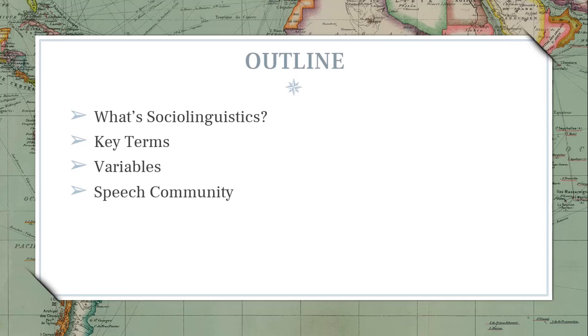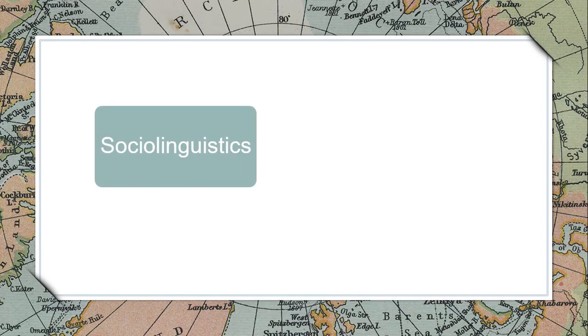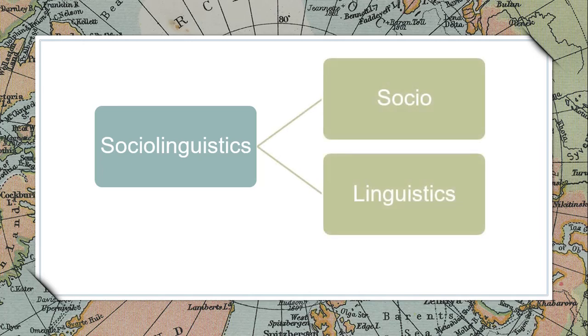Let's go on then. So, what is sociolinguistics? Sociolinguistics is, of course, a branch of the linguistics field. As you can see from the name, it is made up of two different words: socio, which goes to society, and linguistics, which of course talks about language.